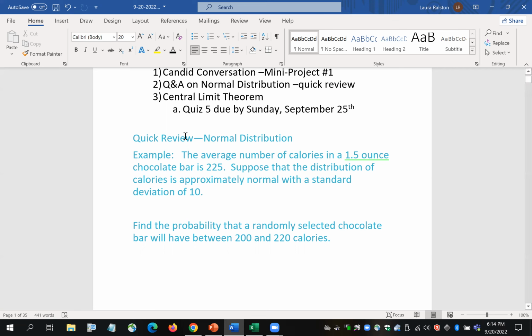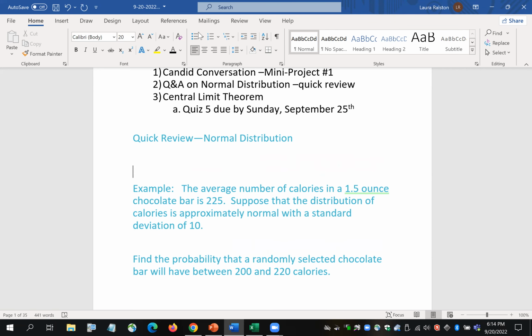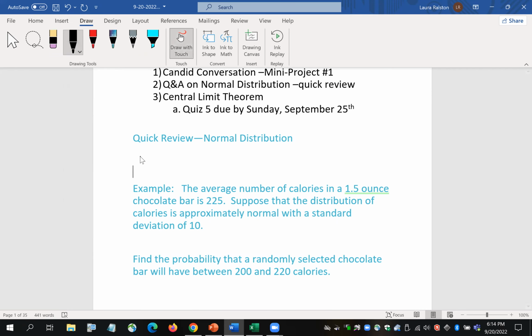When you're looking at the problems related to the normal distribution, you should be told three things in the question.